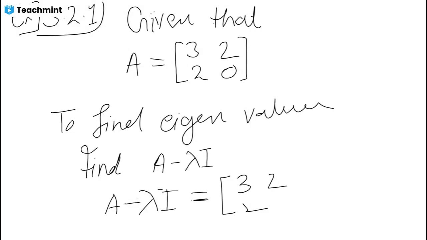Are you getting this step? Okay, now let us simplify: lambda squared minus 3 lambda minus 4 is equal to 0. And you can use a formula as well as you can solve by splitting the middle term.